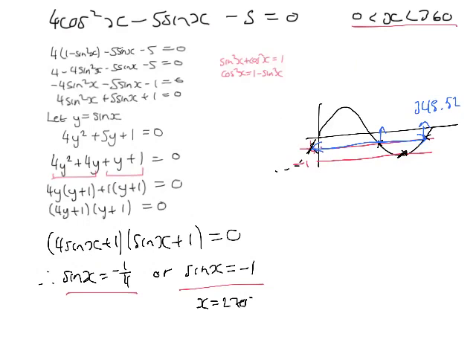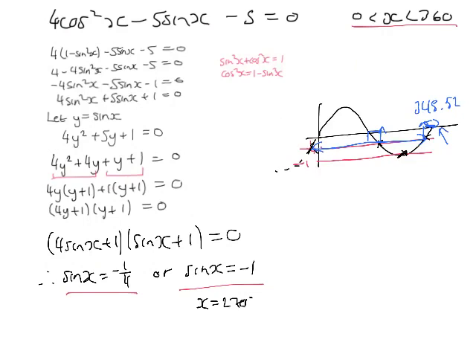And we can use the symmetry of the graph to find our other solution. So this length here is 360 minus 345.52, which is about 14.47. And if we add that on to 180, we'll get our second solution.